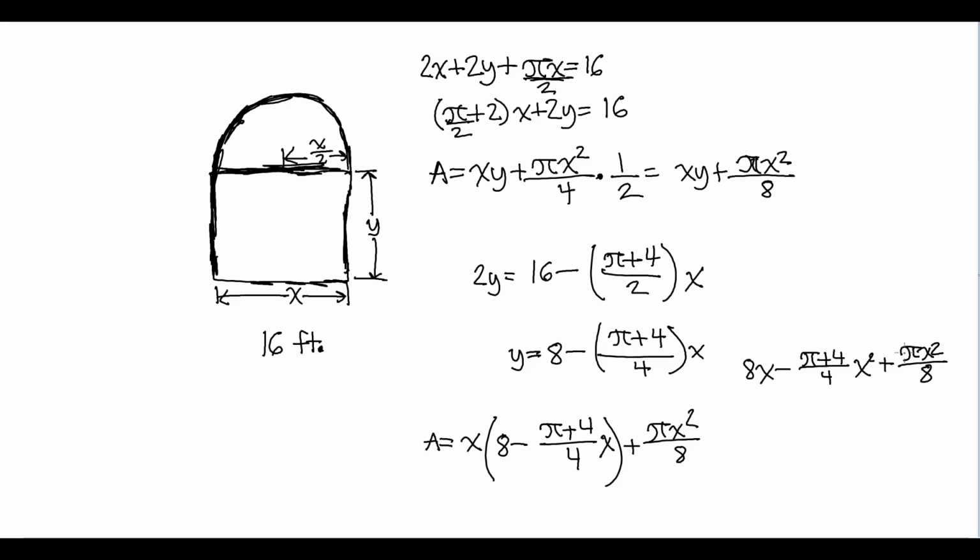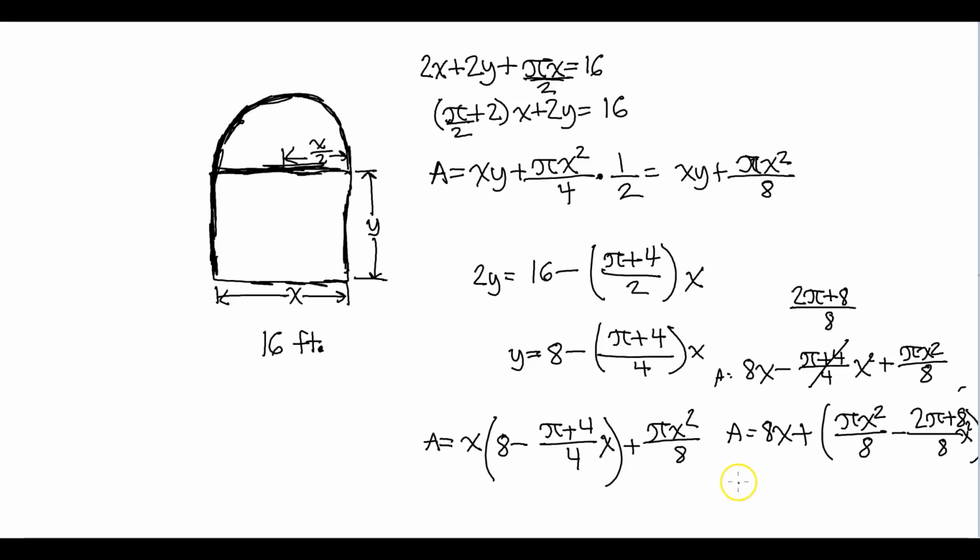If we were to combine these like terms, you would get area equals 8x minus, turning this into a common fraction with denominator 8, we have 2 pi plus 8 over 8, so pi x squared over 8 minus 2 pi plus 8 over 8 x squared.